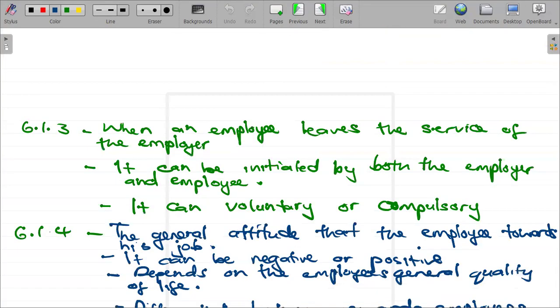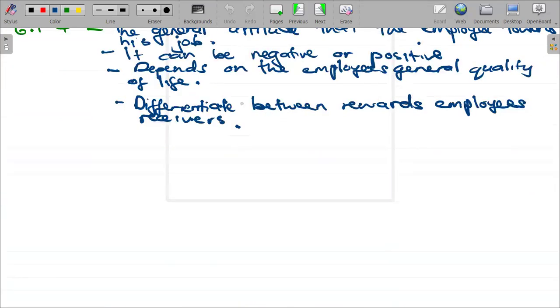Job rotation. So I want to define what job rotation is.